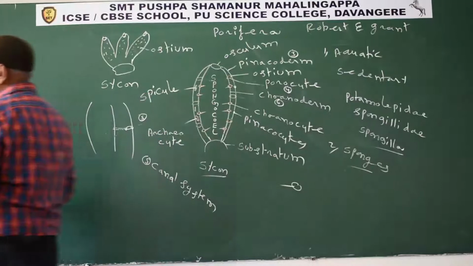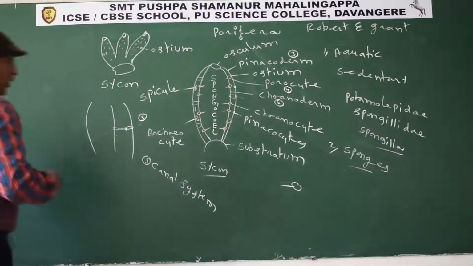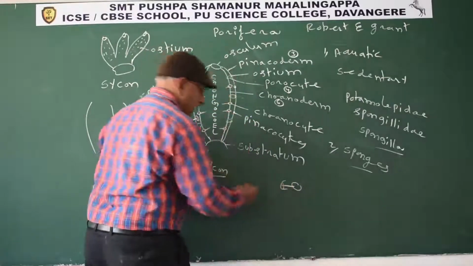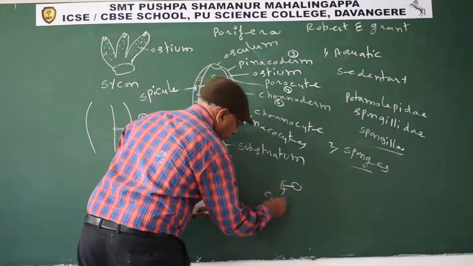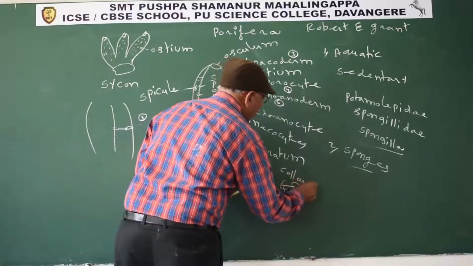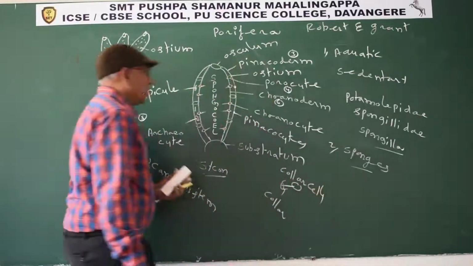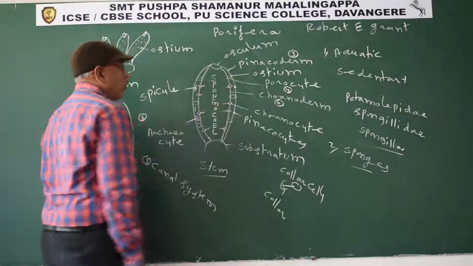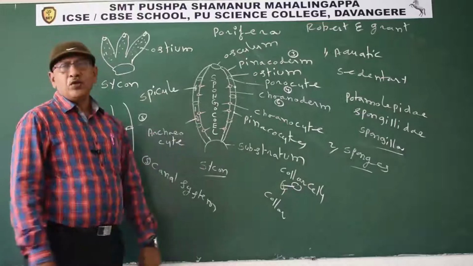The flagellum is protected by a protective device, the collar. That's why choanocytes are also known as collar cells. Food is digested in the choanocytes.